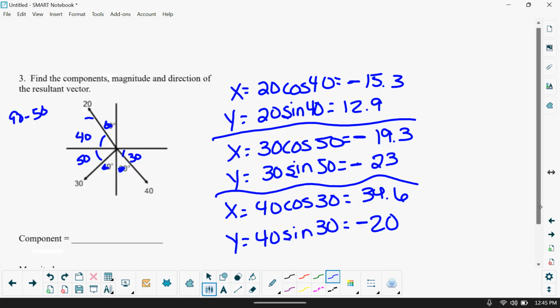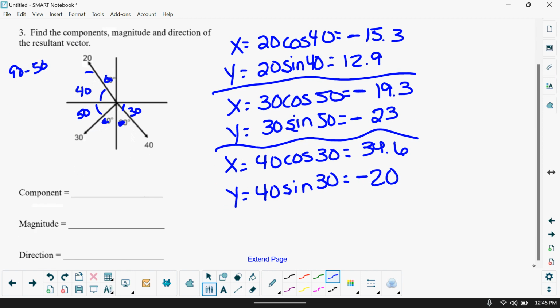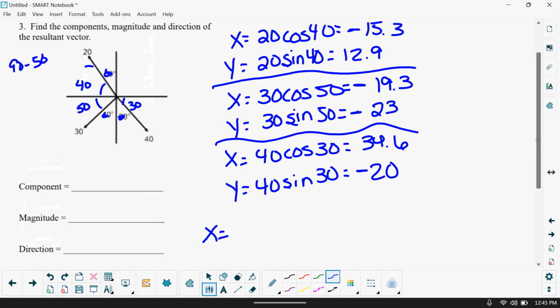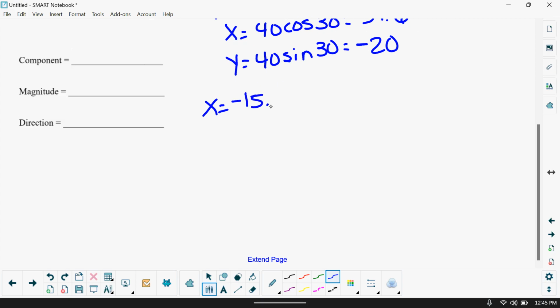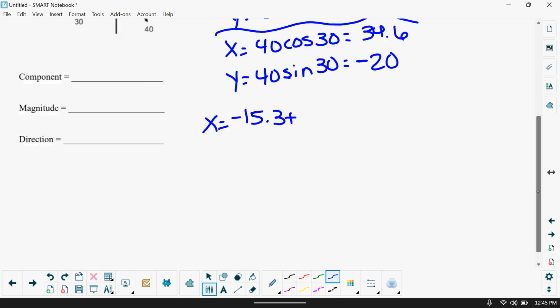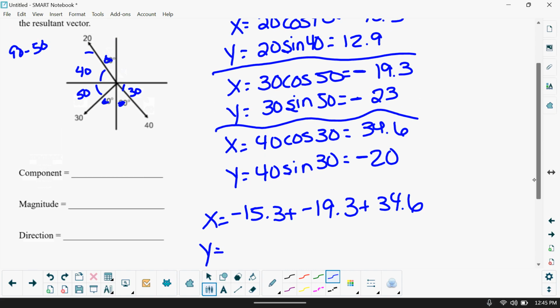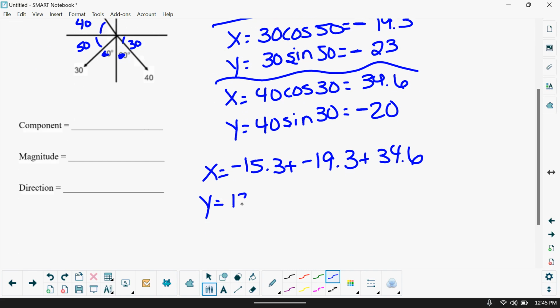Component form, this is where we're going to add all of our x's together. Negative 15.3 plus negative 19.3 plus 34.6. We're going to do the same thing for our y's. 12.9 plus a negative 23 plus a negative 20.